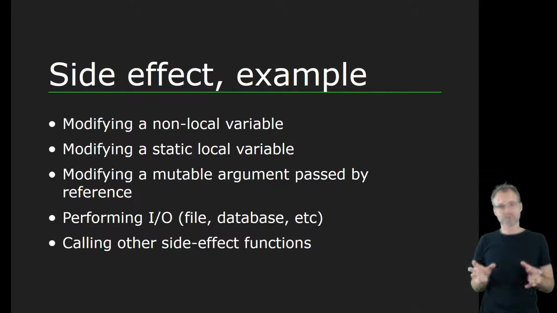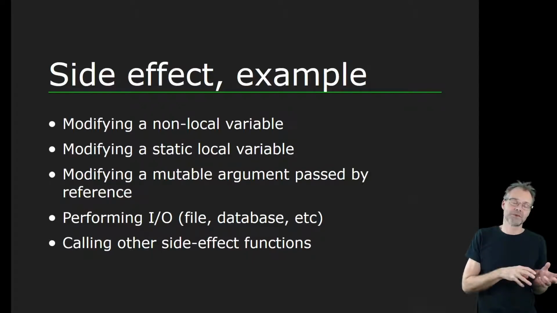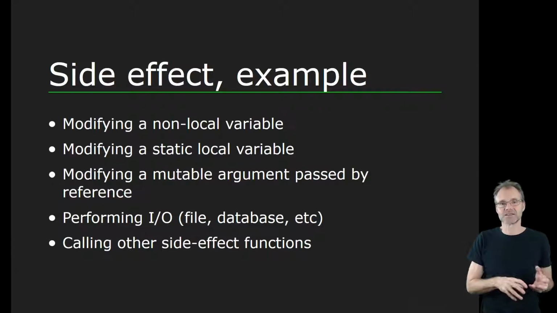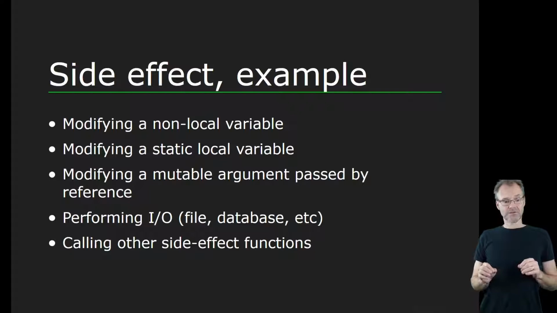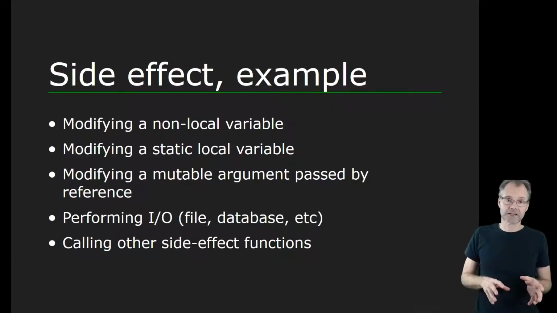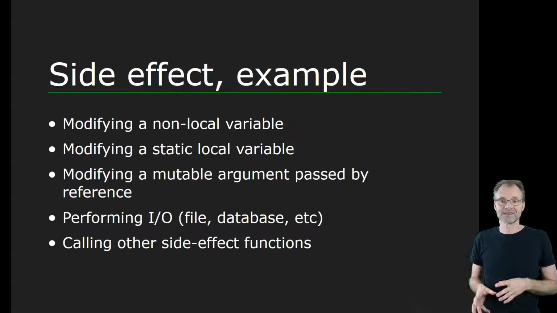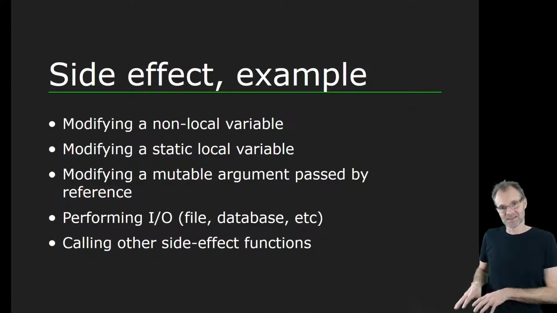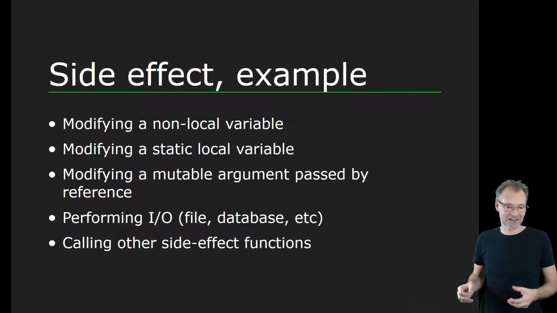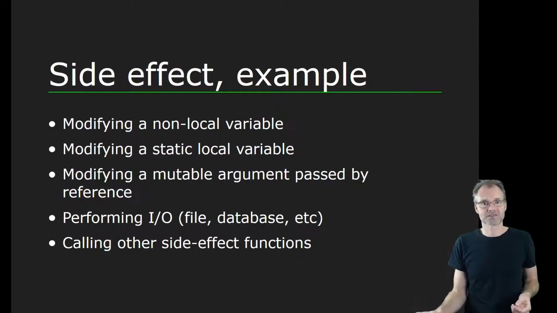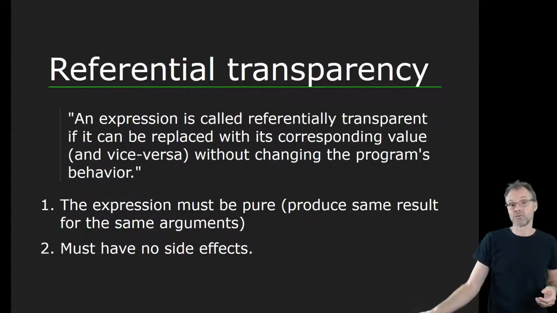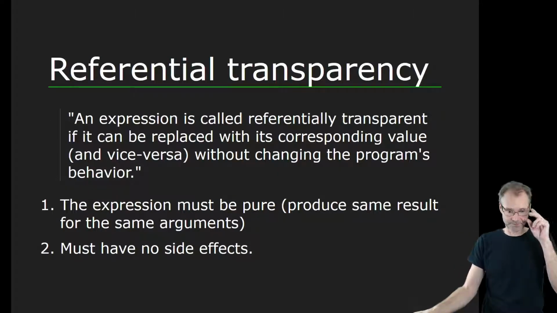So if you pass an argument by reference and you change that argument within the function, it will keep its new state after the function is done. So the function does more than just returning a plain value. If we do I/O like databases or files, well, then it's a side effect that keeps its value outside of the function. So side effect again. And of course, calling other functions with side effects will also be the same thing.